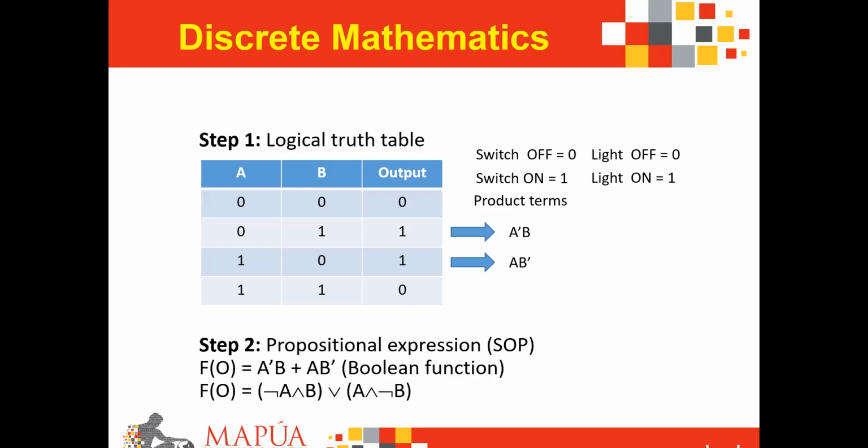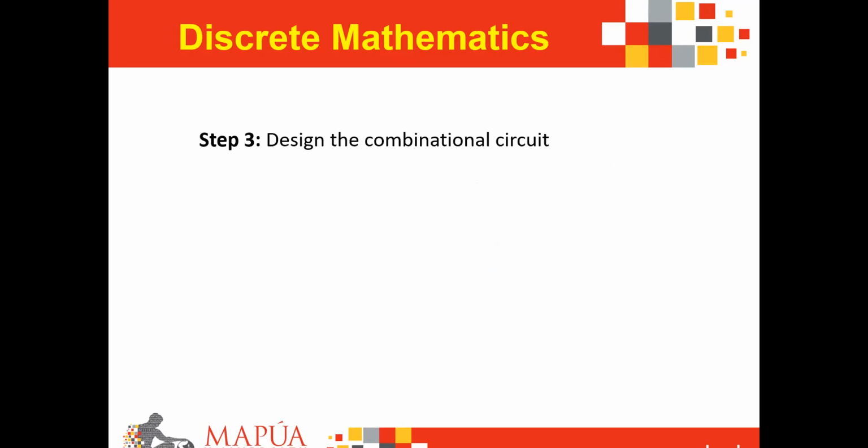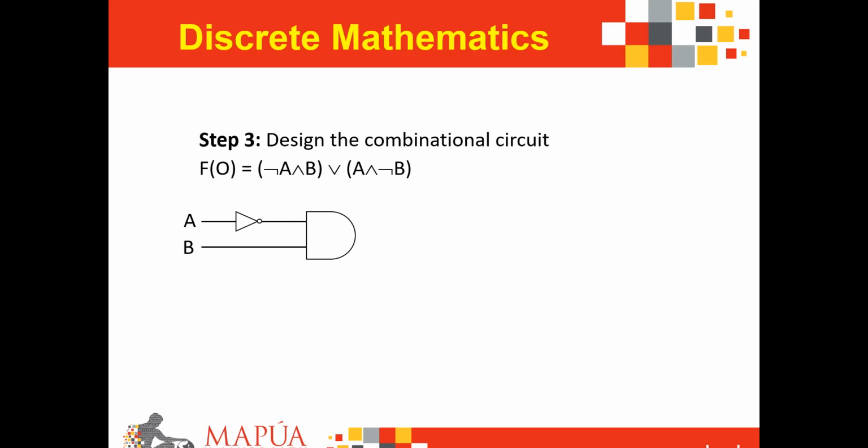Step 3 then designs the combinational circuit for this given expression, whereby we have our propositional letter A connected to a negation first, and then connected to an input of our AND gate, along with our propositional letter B. And then we take A again from the same input and connect that to another AND gate, and then negate B using a NOT gate and place that input on the second AND gate.